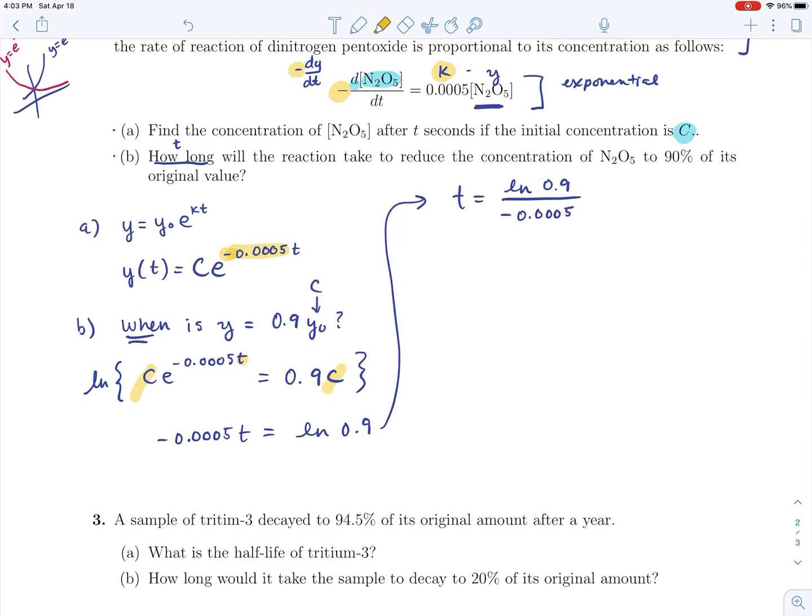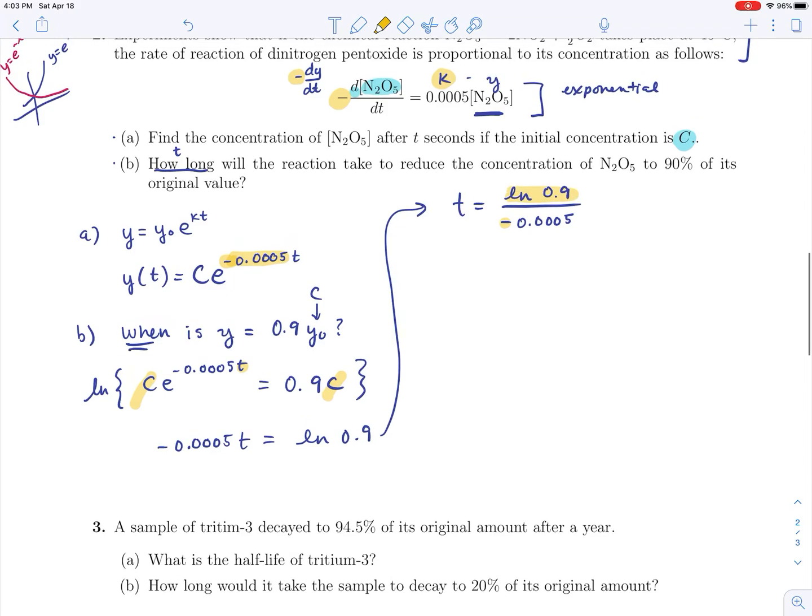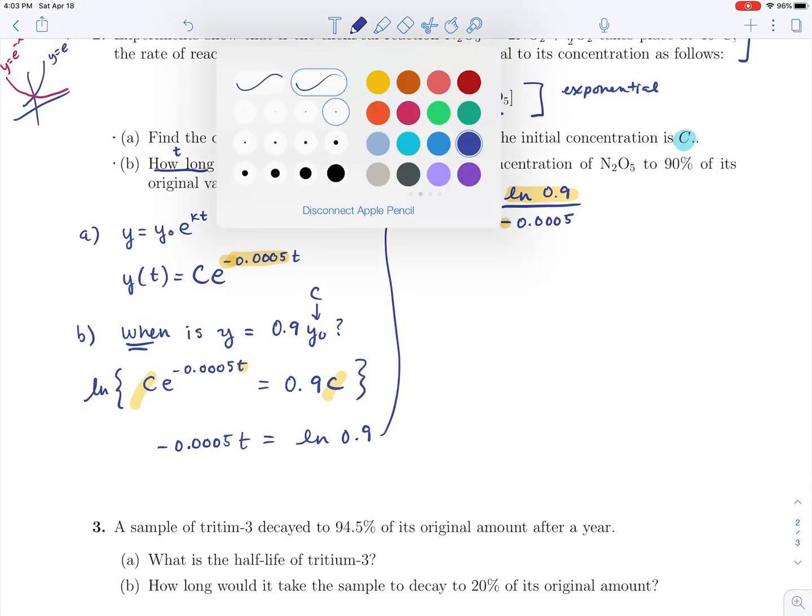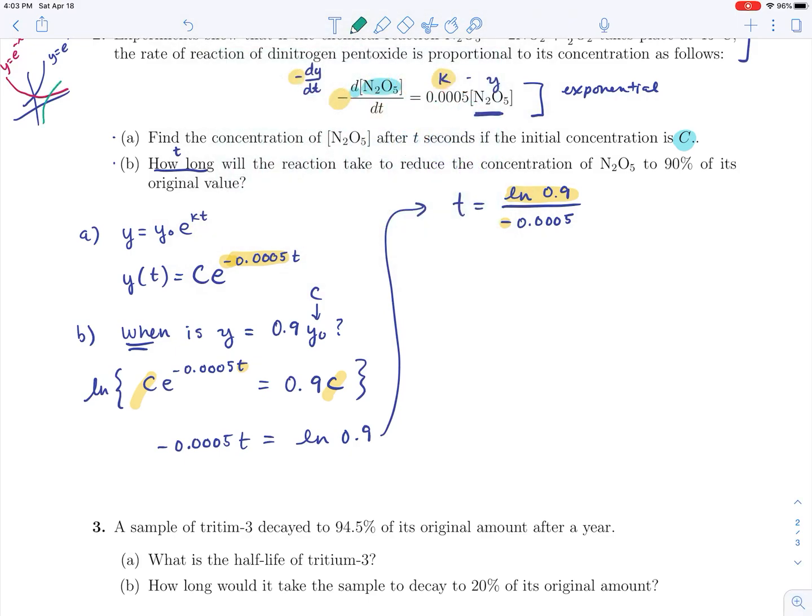And you might worry that this answer is negative, but natural log of 0.9, I'll go up here and draw what natural log looks like. Natural log looks like this. For these x values in between 0 and 1, natural log is actually negative, so that's not actually a problem.